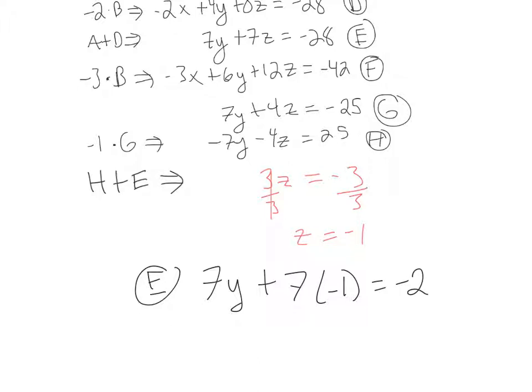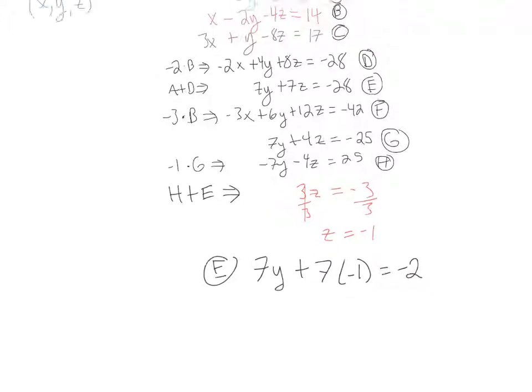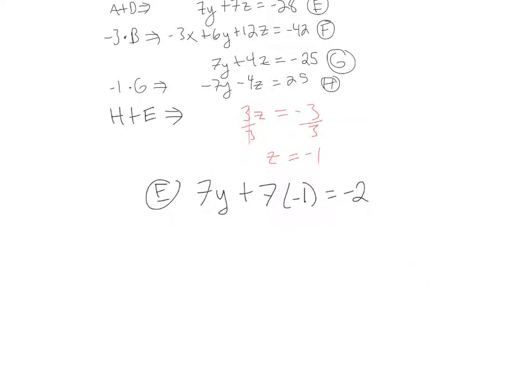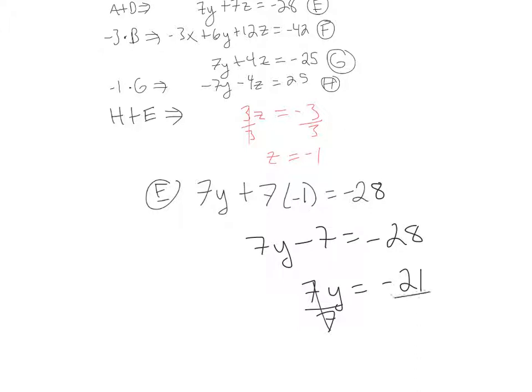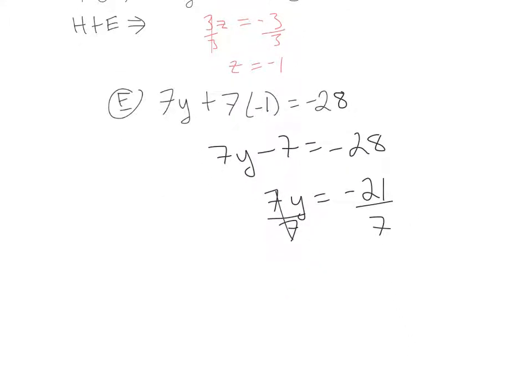Okay, solving that out, we can get our y. 7y minus 7 equals negative 28. Add 7 to both sides, you get 7y equals negative 21. Finally, we can solve for y, getting us y equals negative 3.